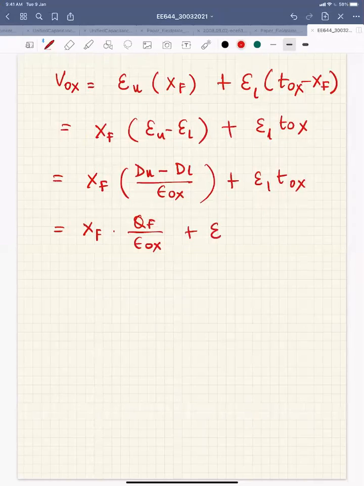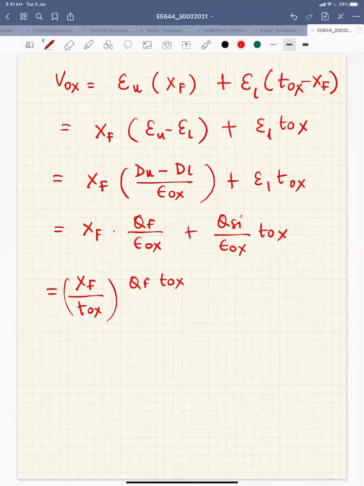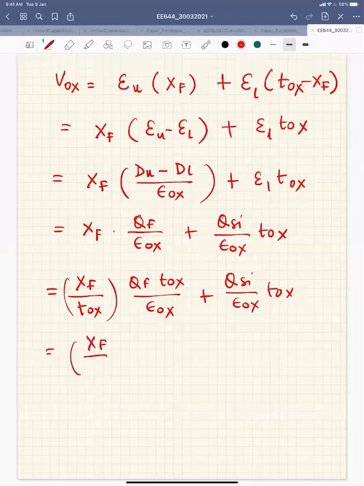EL is Q silicon, so I could also write this as QF divided by Cox times XF over Tox, plus Q silicon divided by Cox.